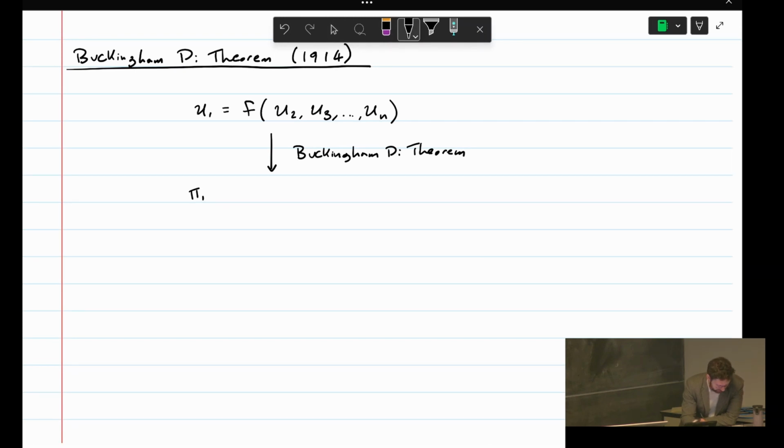So pi1 is some function g of pi2, pi3, and so on, up to pi k. Again, the notation has changed.